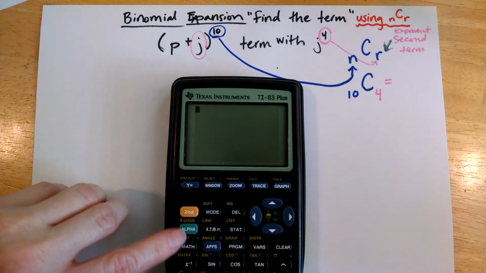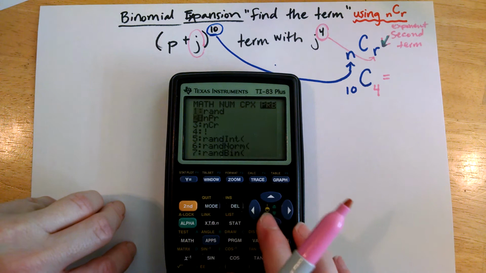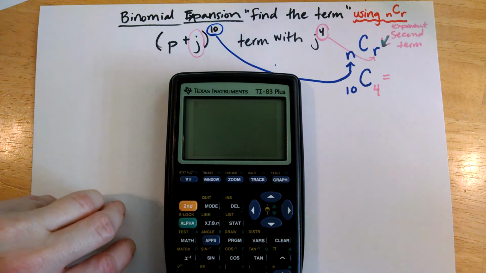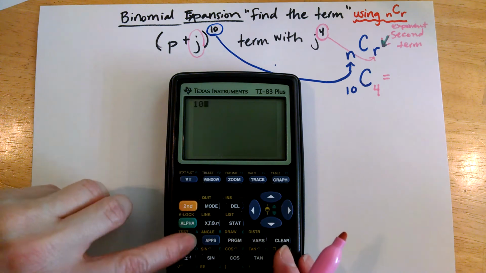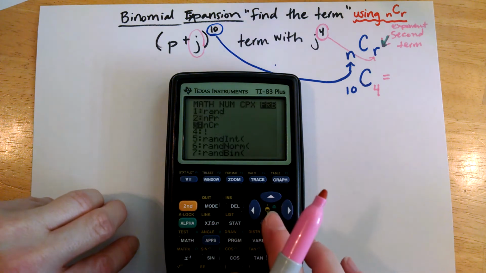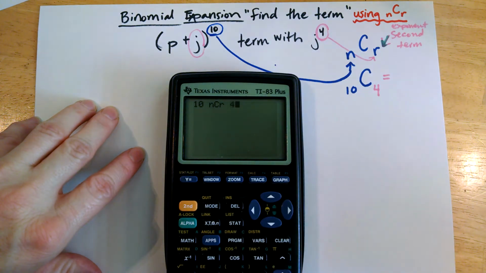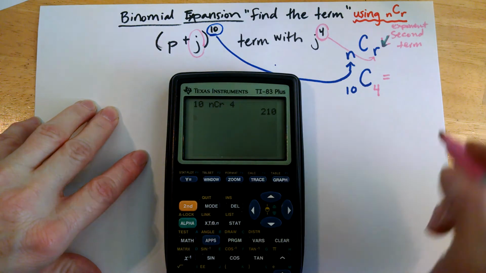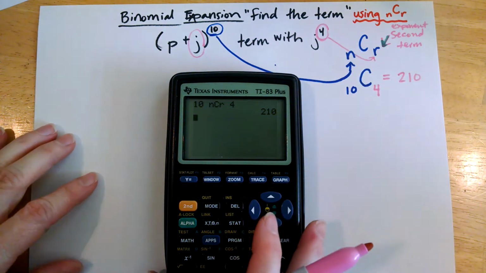Let's go ahead and do that. We type in our n, which is 10, and then math, probability, NCR, and then the r is the 4. So that's going to give us the coefficient 210 to this term.